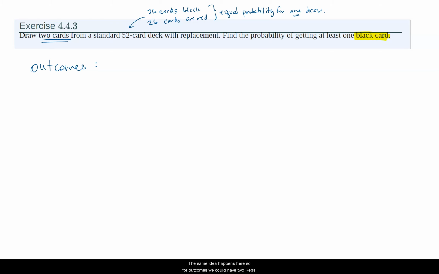The same idea happens here. So for outcomes, we could have 2 reds, first card red, second card red, first card red, second card black, first card black, second card red, and both cards black.